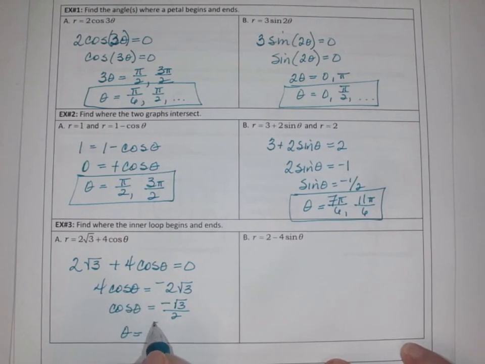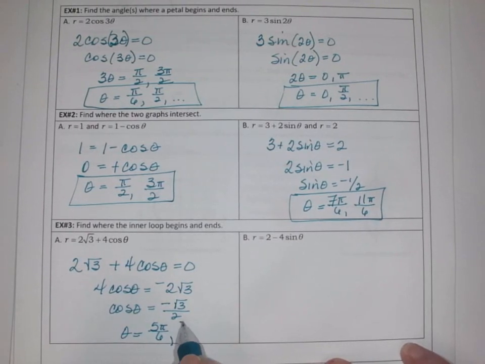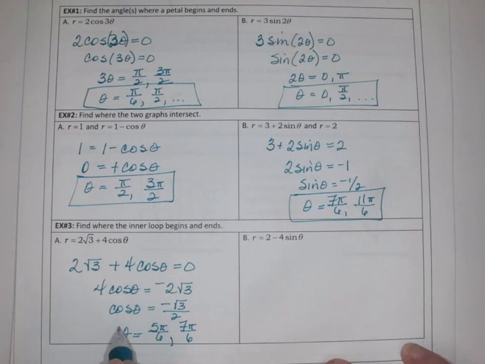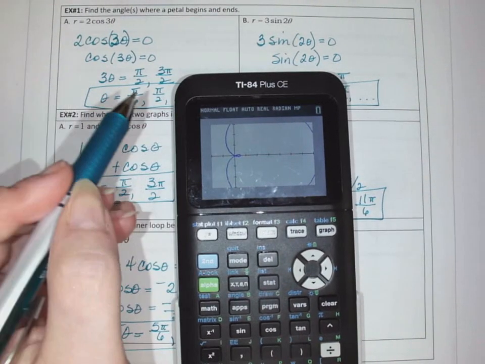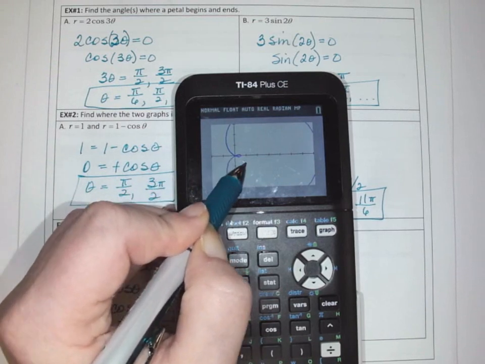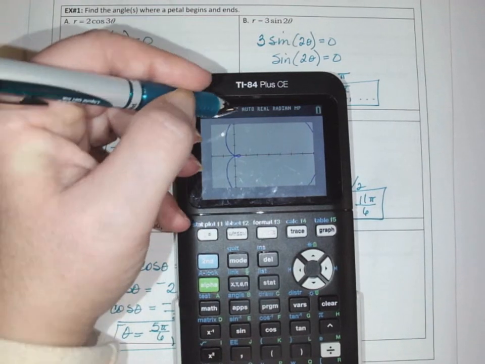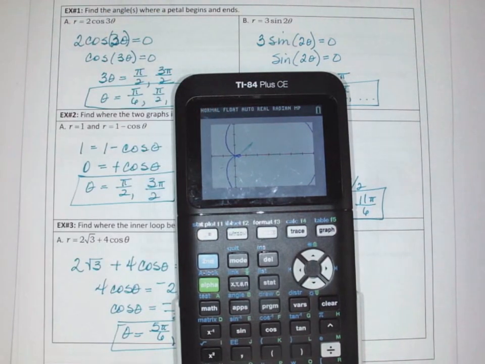So that would be 5 pi over 6 and 7 pi over 6. So 5 pi over 6 would be basically coming along right here, and then 7 pi over 6 would be coming along right there. Okay, does that make sense?